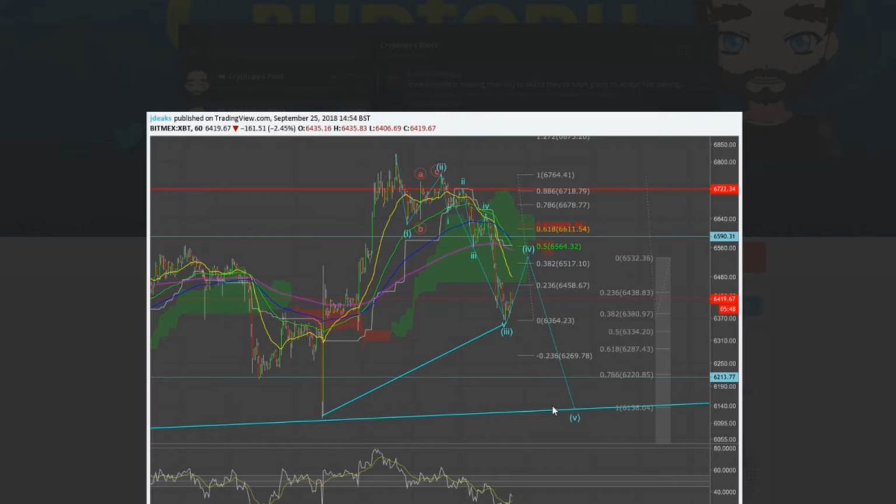So if you want to start laddering in this 6, 6.2, 6.3, something like that area, you know, it's not bad. But just ladder in slowly, okay? Definitely don't. I mean, if you can, it's very hard right now, okay, guys? But yeah, this count looks good to me, but you need to start counting the subwaves between it as well, Dino.